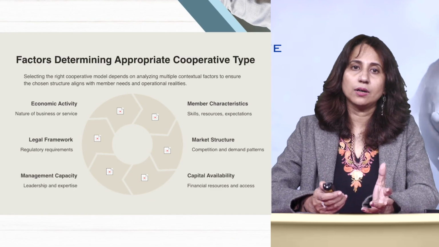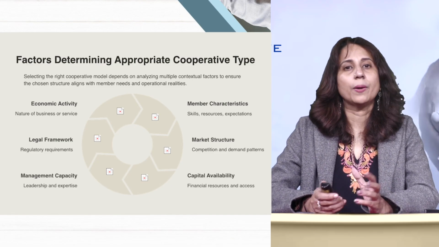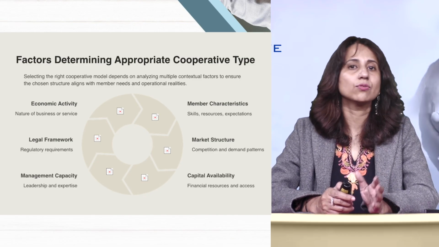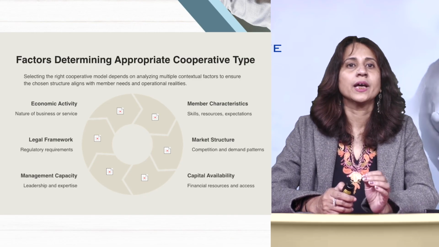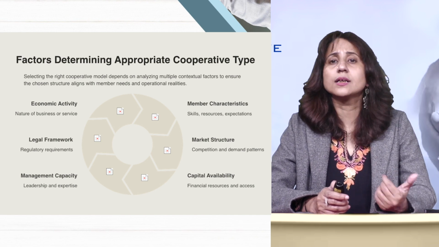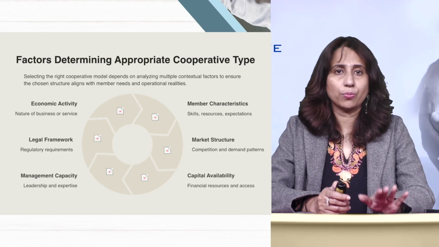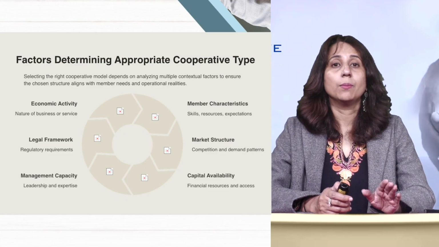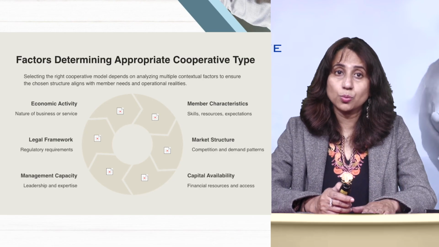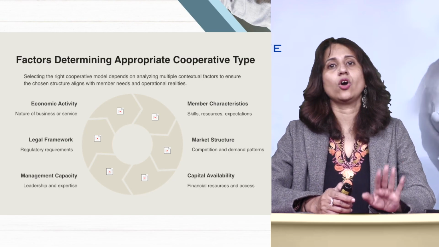Then the member characteristics. The member occupation, income level, education, and social characteristics actually influence appropriate models. Then the market structure. Existing market conditions matter significantly. Where middlemen exploit producers, marketing cooperatives address this problem. Where the retailers exploit the consumers, consumer cooperatives provide alternatives.